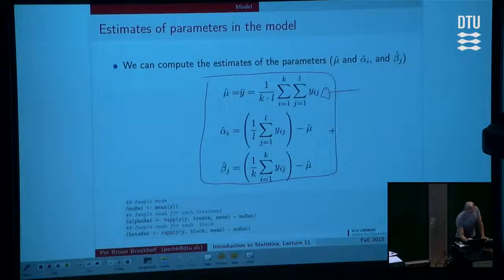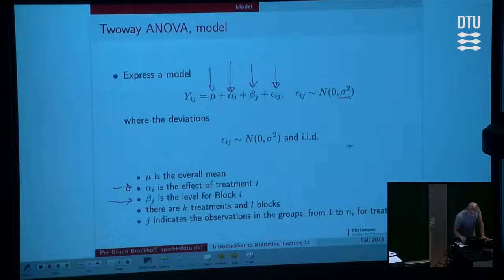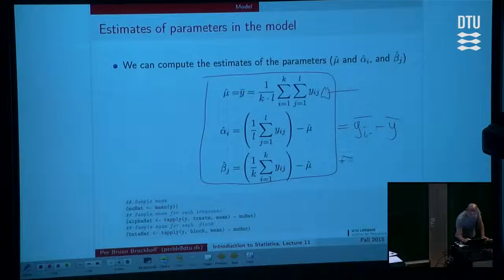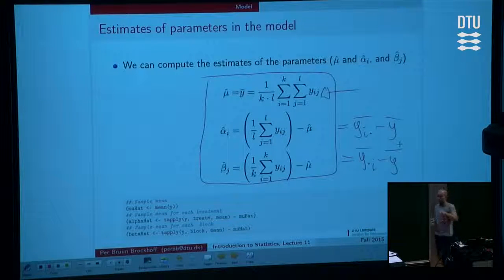Here I compute the means that I showed you. This is also y dot i, and this is y dot i minus the overall mean, right? These are just each of the row means and column means where I have subtracted the overall mean.